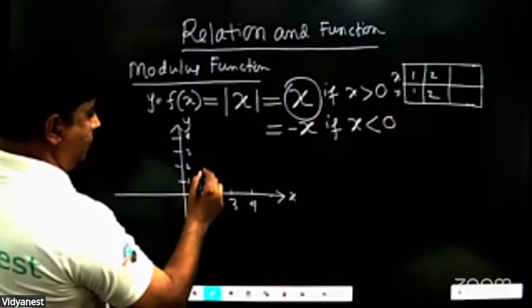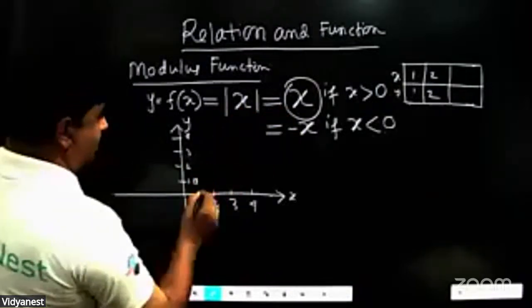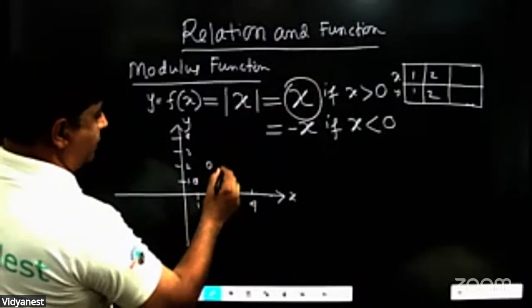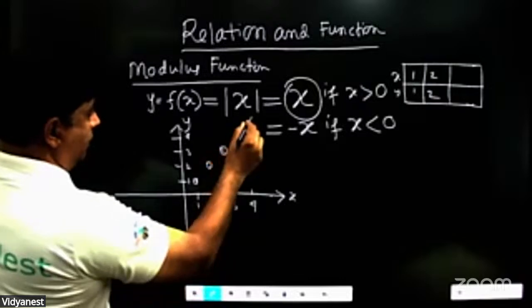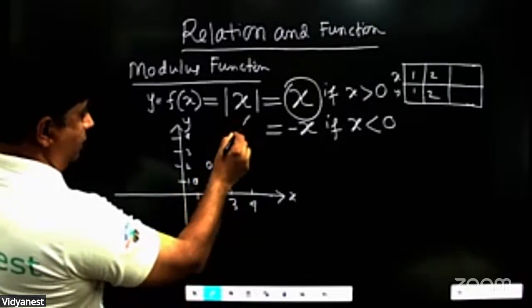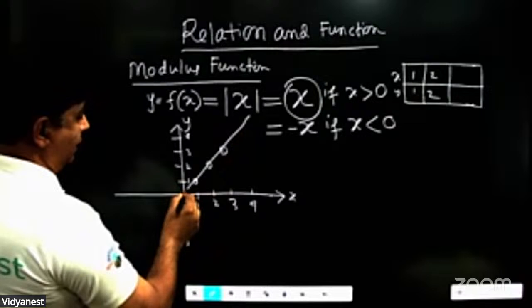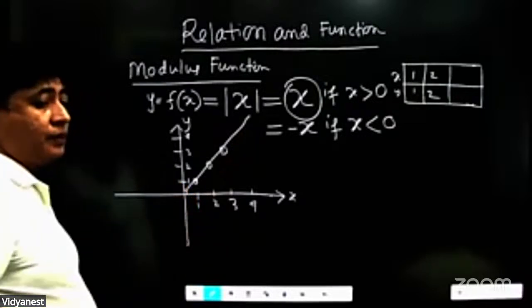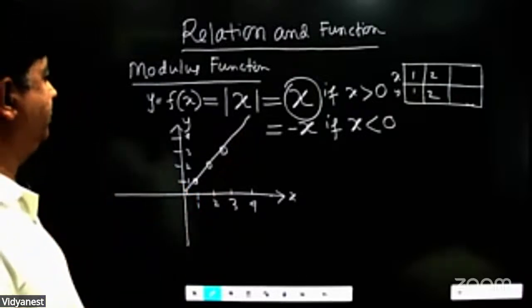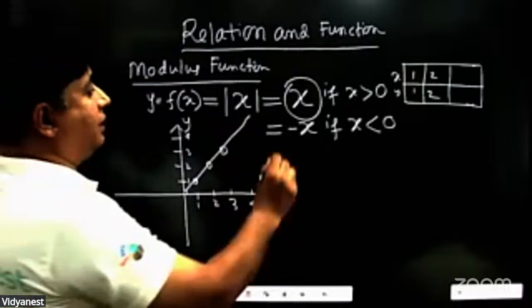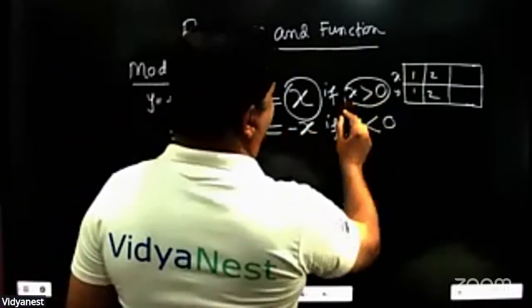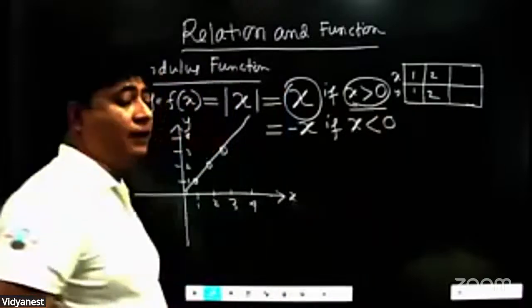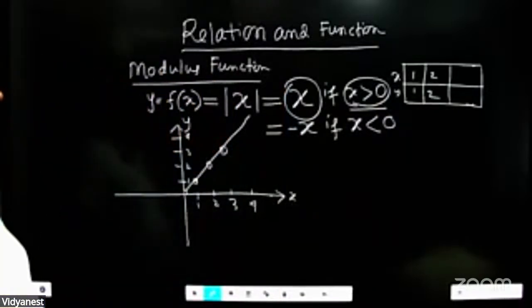Symmetrical with respect to y is equal to x. For x equal to 3, y is 3. So you join. You will get a straight line. It is approaching the origin, but before reaching origin, we have to stop because the condition is given x greater than 0.